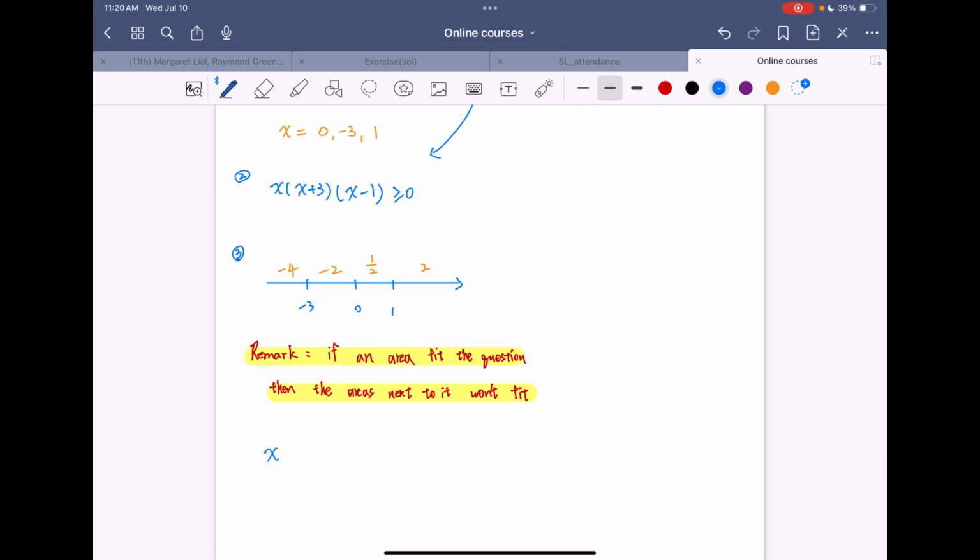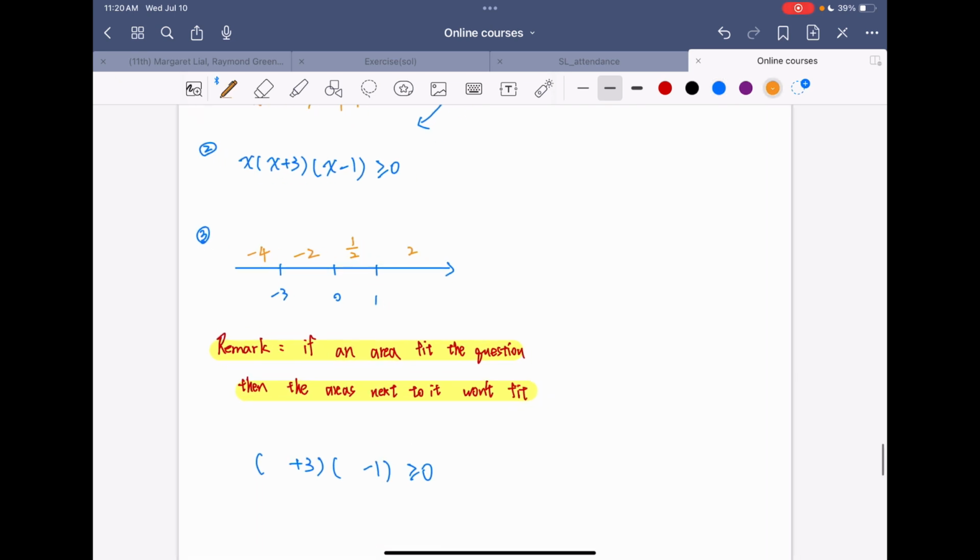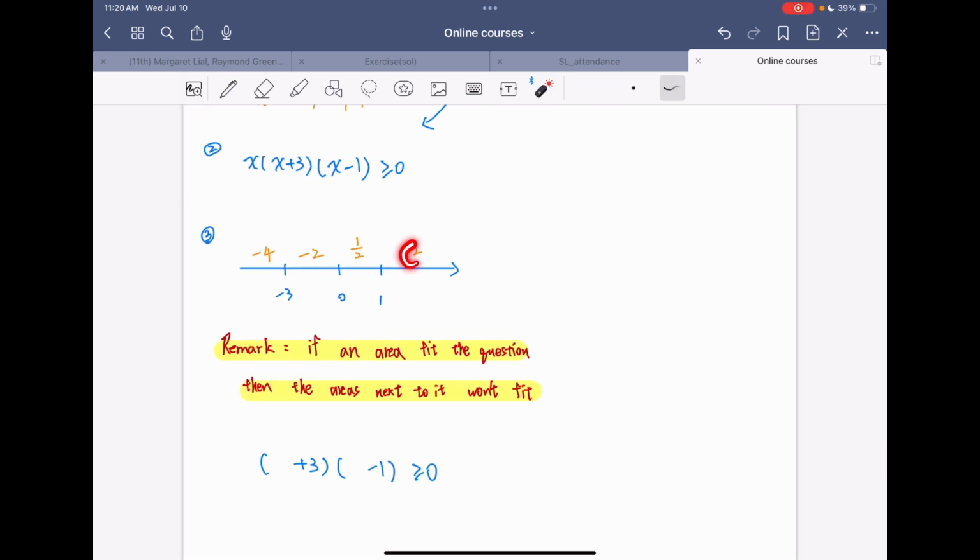We got x, no, we don't write x, we leave it to write the number we want to verify. Okay, so we use the orange color. We're going to use this number, okay, 2. So 2, 2, 2. It replaces the x over here.